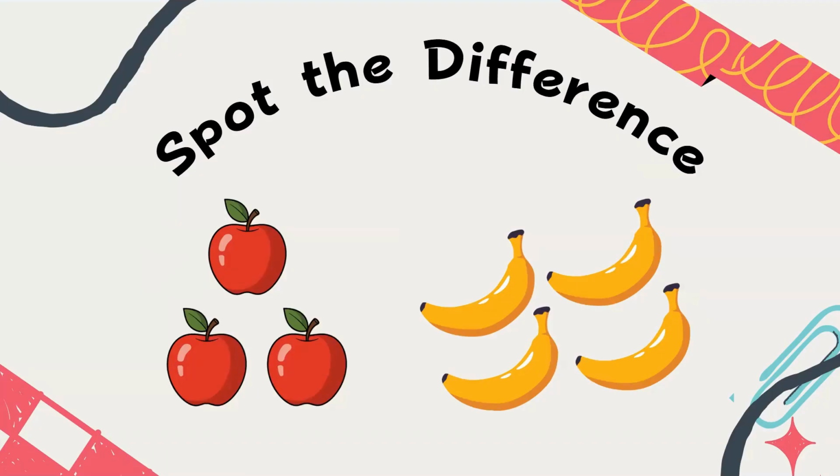The last one, what do you notice about the objects shown in the picture? Miss, I am seeing the difference. You have 3 apples and 4 bananas. Yes. Anything else you notice about this picture?